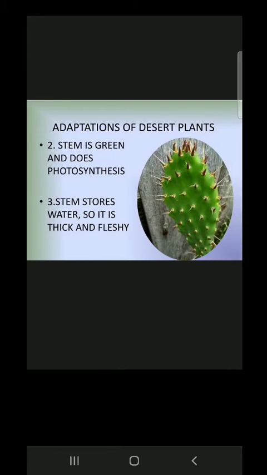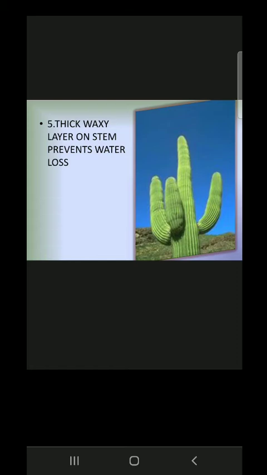Another adaptational feature is that the stem is green and does photosynthesis. The stem stores water, so it is thick and fleshy, as you can see in the picture. They also have a deep root system to collect maximum water from the deep part of the soil. They have a thick waxy layer on the stem that will prevent water loss.